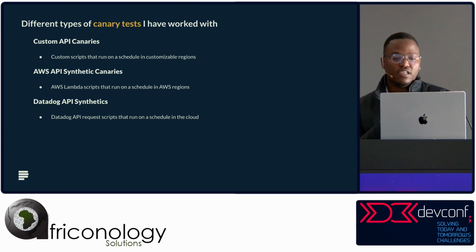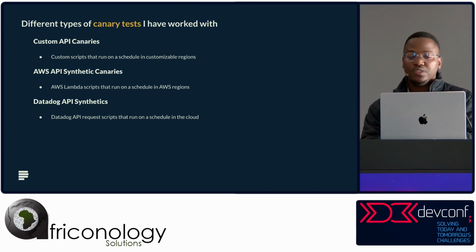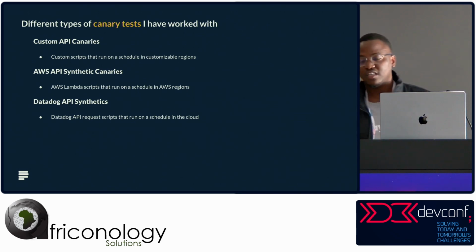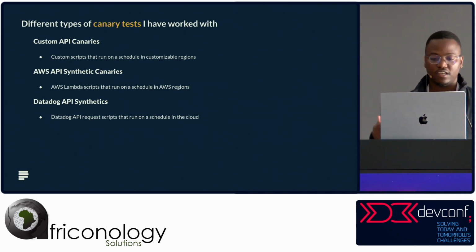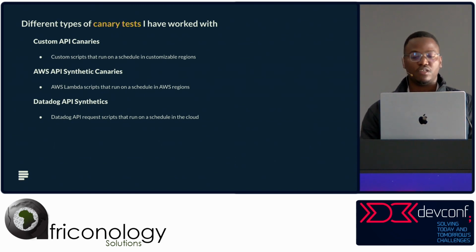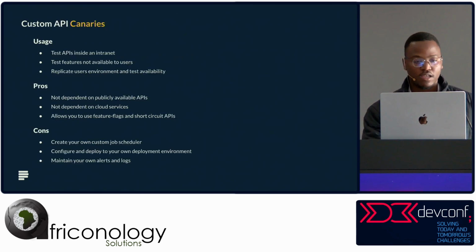Then you get the cloud canaries, which is AWS API synthetics, which uses AWS Lambda scripts to run on any AWS scheduled, any AWS region. Then you get Datadog, which is currently what we use at Paystack. And Datadog allows you to run API scripts that run on a schedule in the cloud as well.